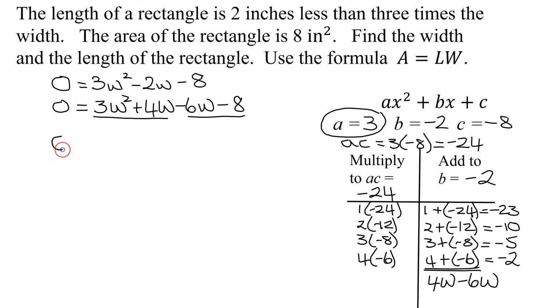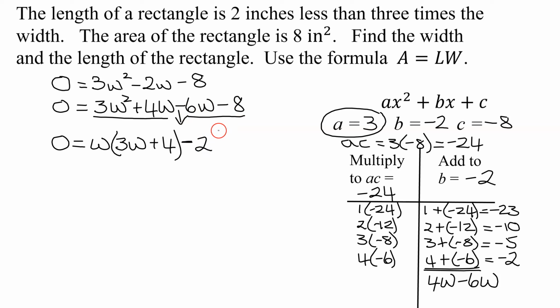By grouping. So what do the first two have in common? I think the only thing is a W, and it's going to leave me with factor W out of 3W squared is going to leave me with 3W. Factor a W out of plus 4W is going to leave plus 4. Bring down the middle sign. This is subtraction. What do the last two have in common?